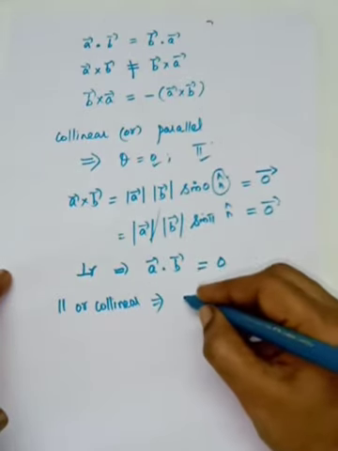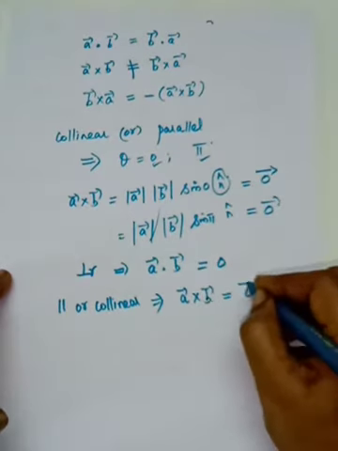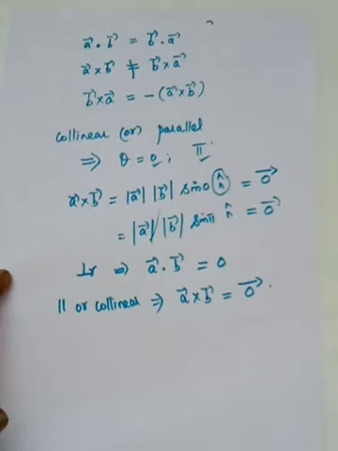Modulus of A vector cross B vector, otherwise A vector cross B vector is a 0 vector. So if the word perpendicular comes, you have to use the dot product between them is equal to 0. If collinear or parallel comes, you have to use the cross product between the two vectors is a 0 vector.